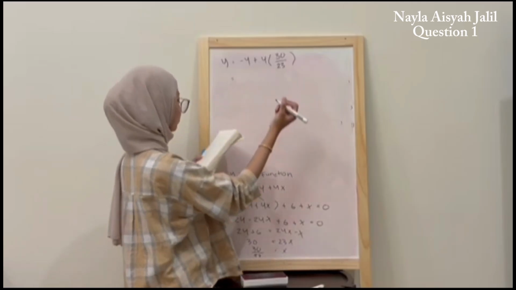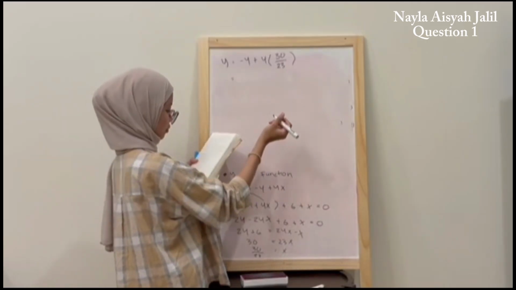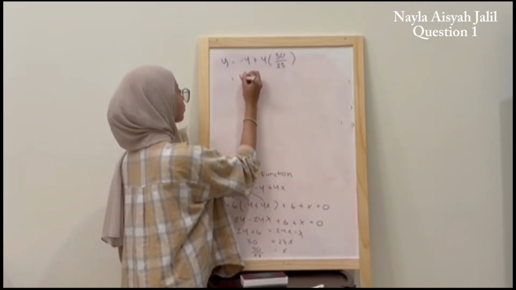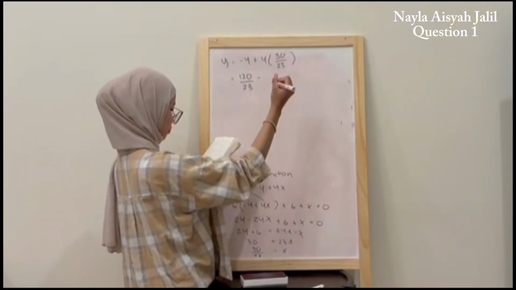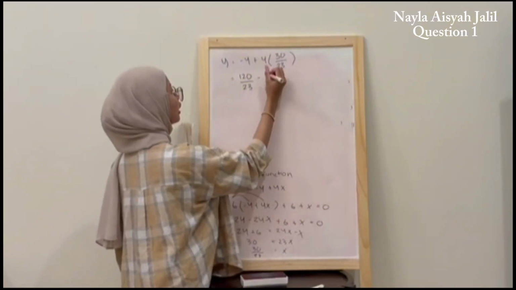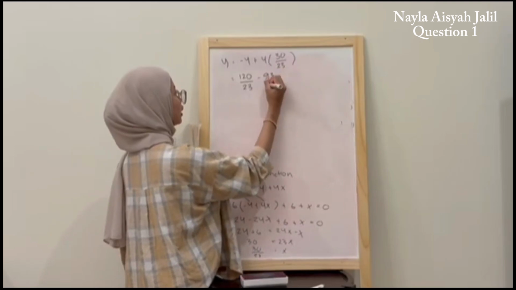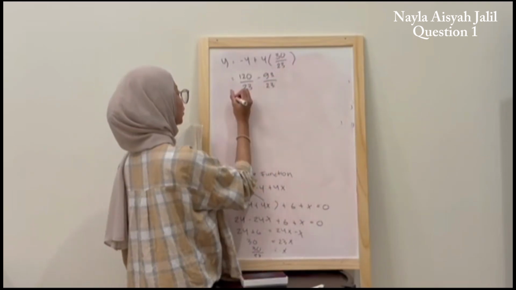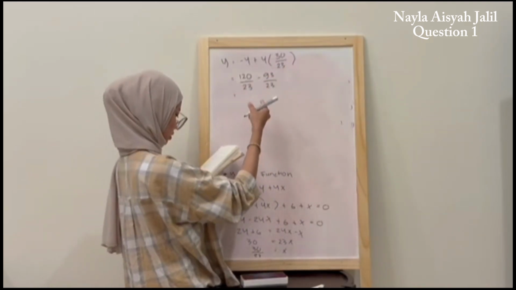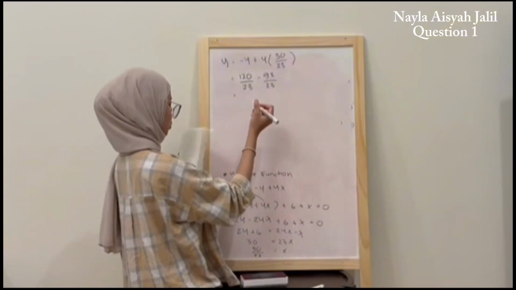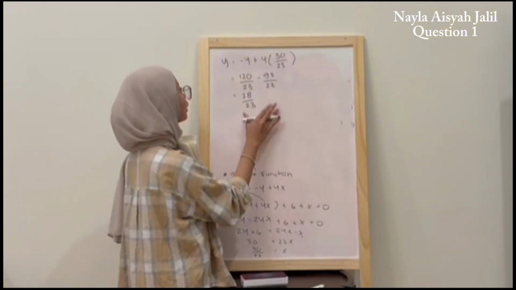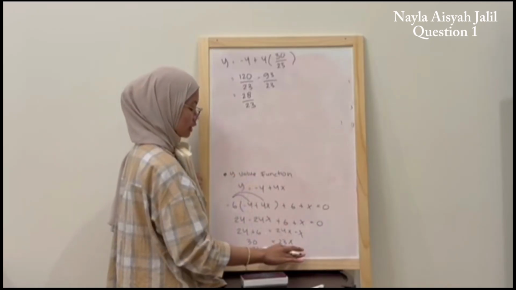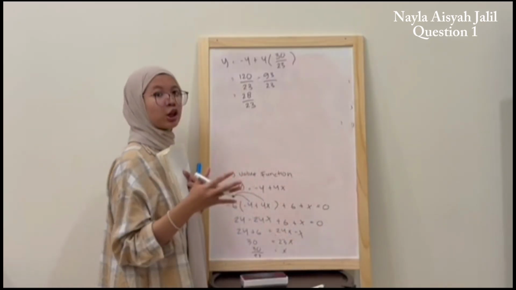So 93 divided by 23. So y is 28 divided by 23. So this is the y value, and this is the x value. So we have the stationary point.